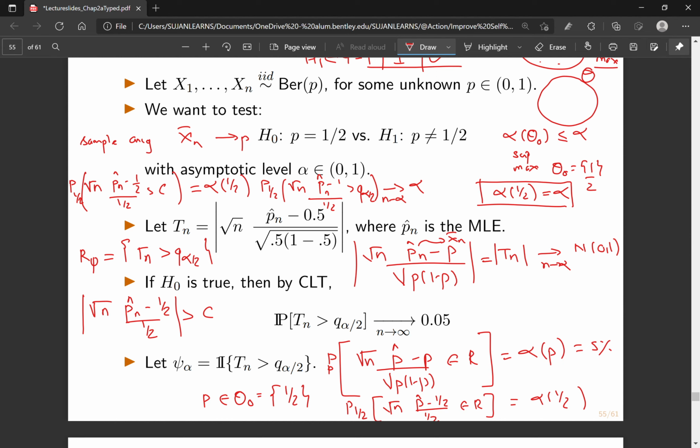It is kind of pedantic, but that's a fact here. I'm rewriting the rejection region in terms of our test statistic, and this will always be at the asymptotic level, which means at infinity.